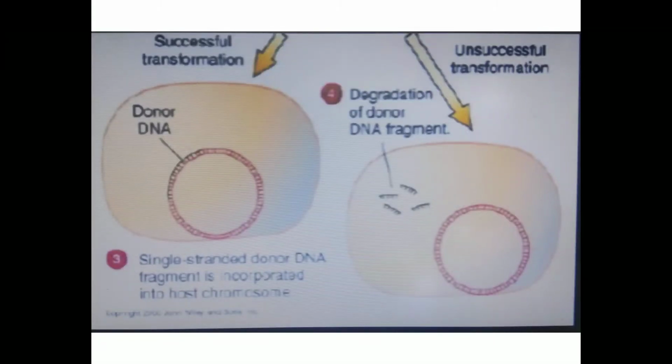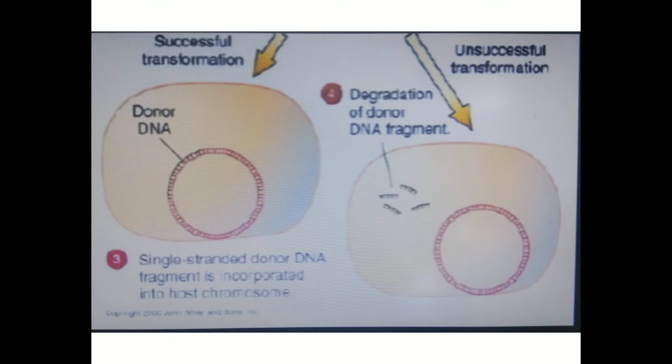Hello dear students, today we are going to discuss the third type of bacterial reproduction method, that is transformation. It is one of the most simple and important topics which will be asked in your examination.